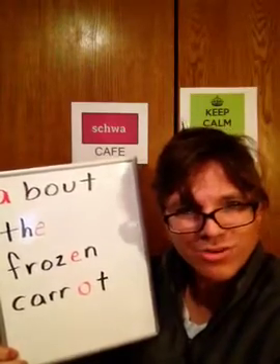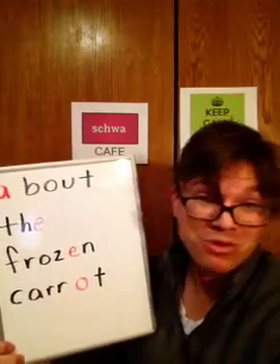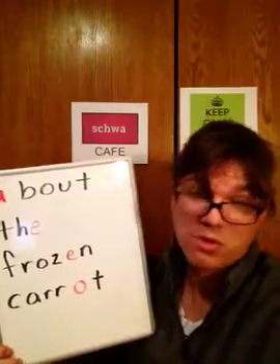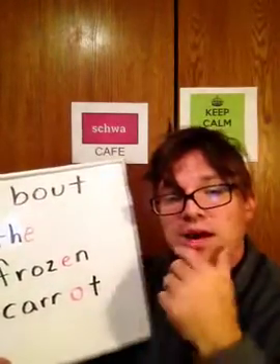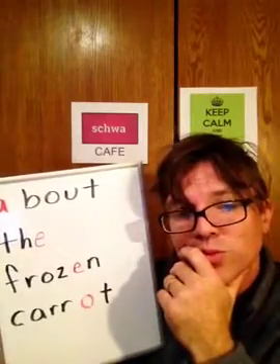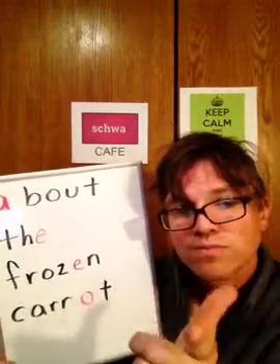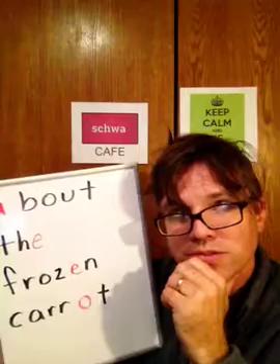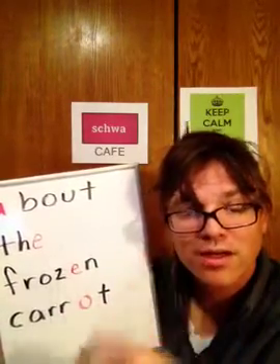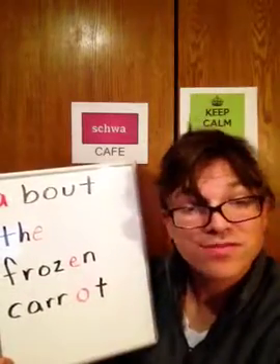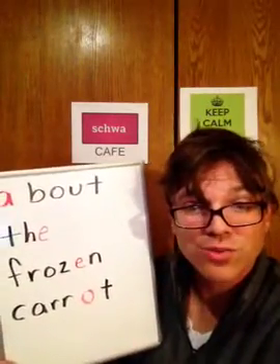No, I don't. People may used to have talked that way, but today we say about. Now, think about how many syllables are in the word about. Count and tell me how many syllables.